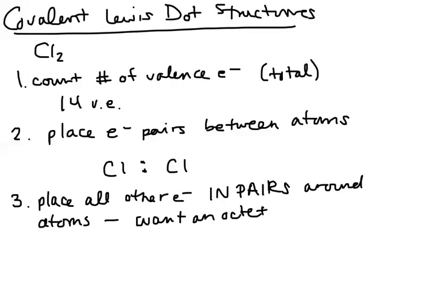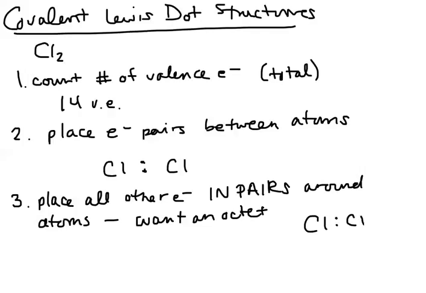Okay, never ever in this class add a lone electron. Add lone pairs of electrons. Pairs of electrons. Do not add a single electron. So I'm going to do Cl. I already used up 2 of my electrons, so 2.